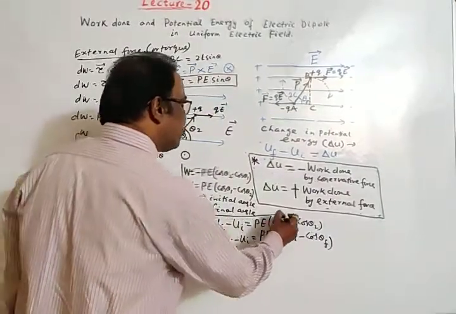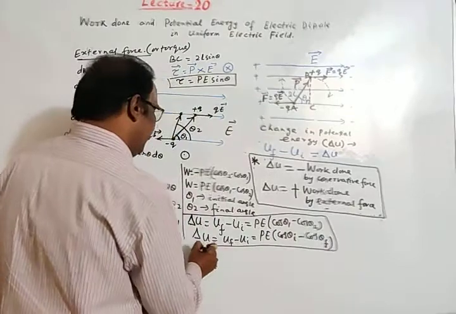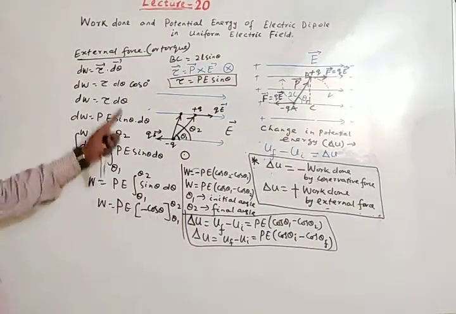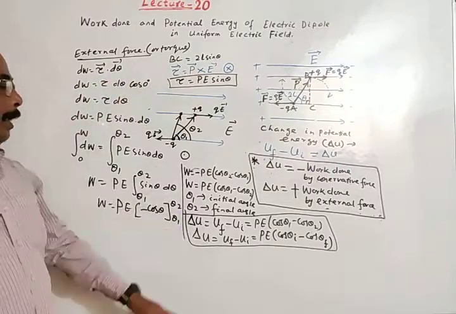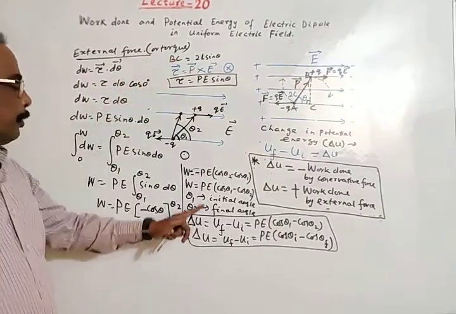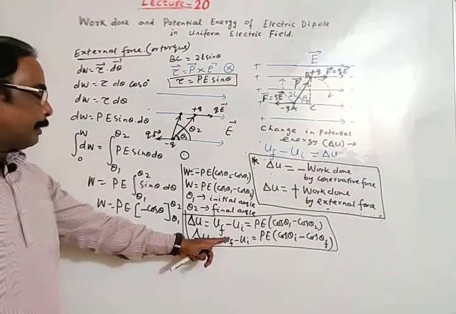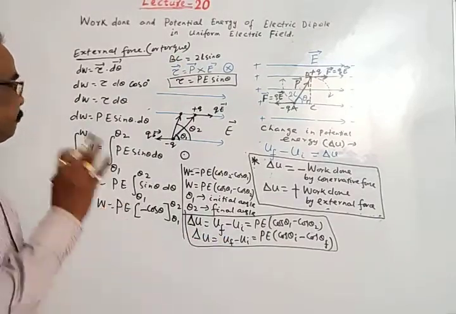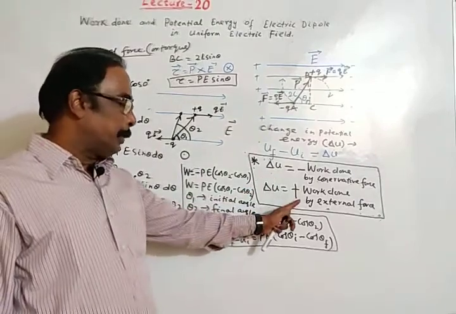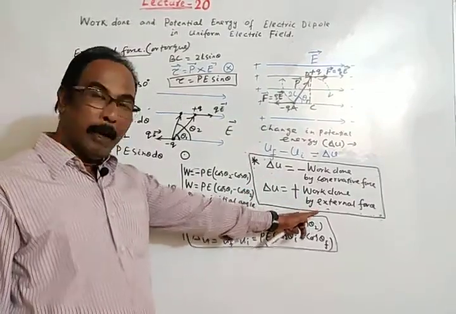You may accept this formula. This is the change in potential energy due to external torque or external force, and the change in potential energy is positive work done by the external force.